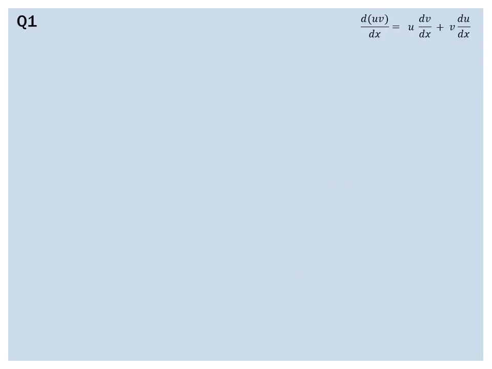The very first equation we are going to solve is finding the derivative of 2x into x cube plus 1. This is a product of two functions u and v, where we can define this 2x as u and x cube plus 1 as v.